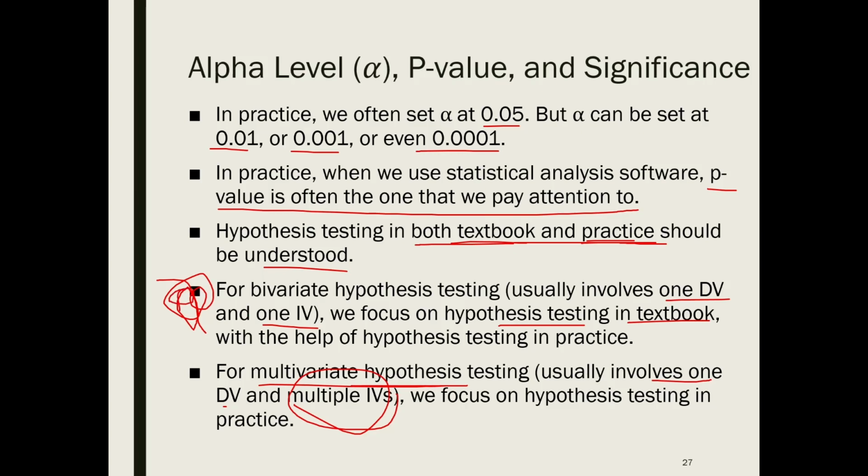You may see people using the chi-square test, ANOVA, or t-test in some very basic scenarios, like psychology experiments, medical experiments, or education experiments. They may use very simple hypothesis testing like chi-square, ANOVA, or t-test.